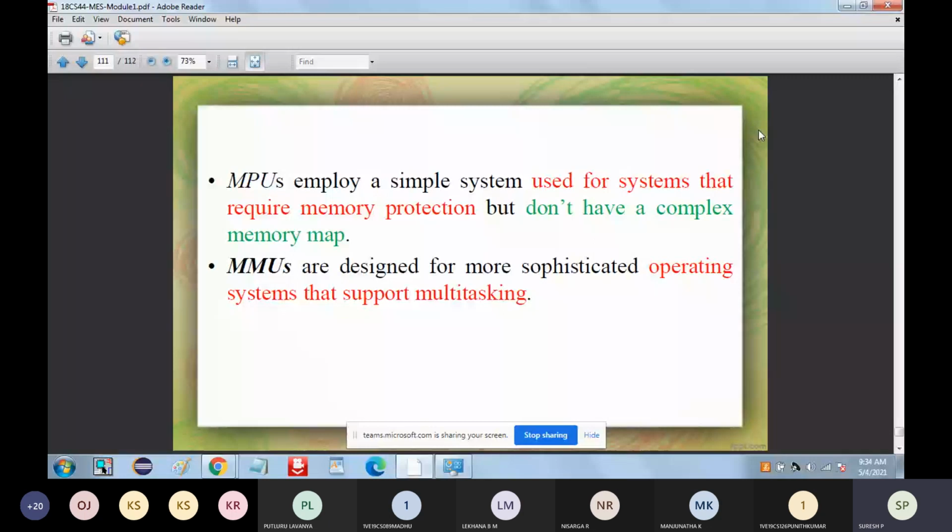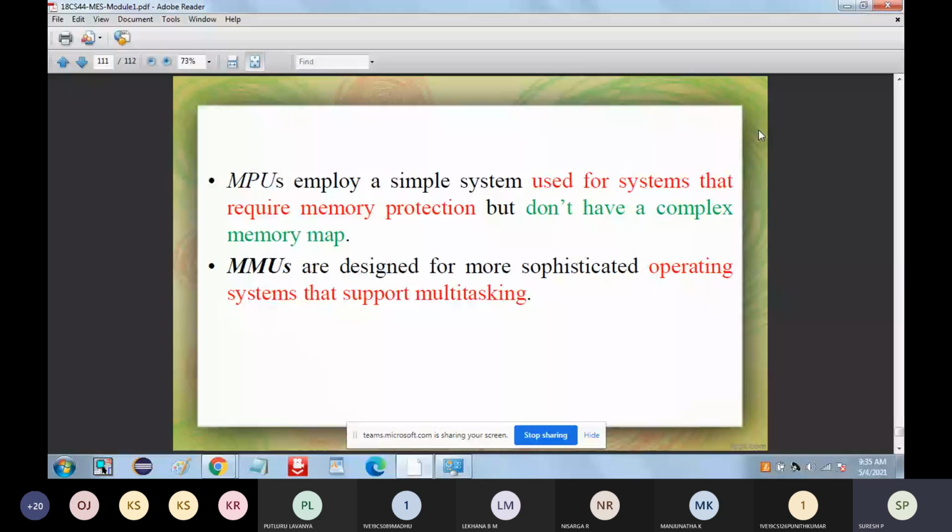The last one is your memory management unit. So this is a complex or comprehensive memory management hardware. Your memory management unit is nothing but a complex or comprehensive memory management hardware available in ARM. So what is this memory management unit in your ARM going to provide?